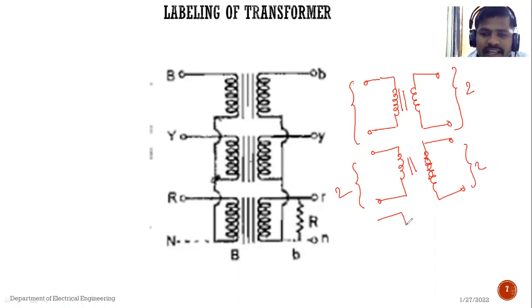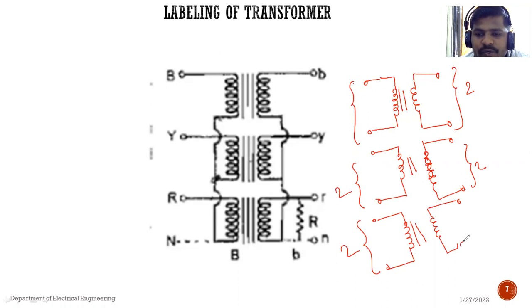And the third single-phase transformer has two terminals on the primary side and two terminals on the secondary side. So how many terminals are there? How many terminals? 6. Total terminals of the transformer, how many?